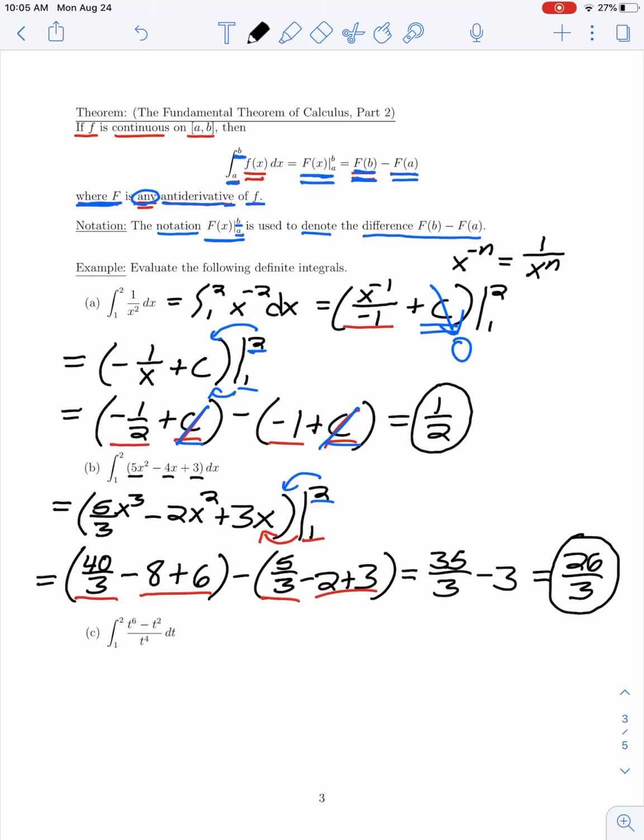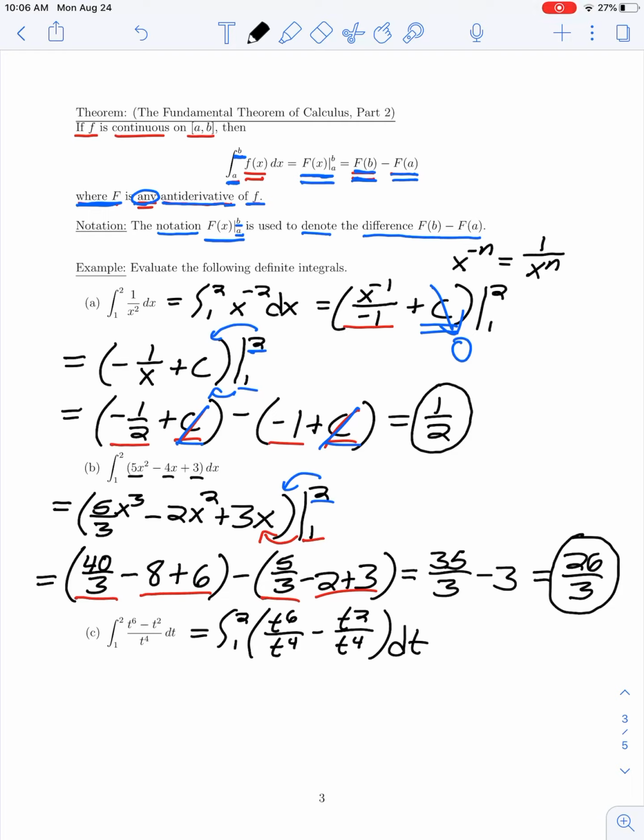So in this example, we could split this quotient into two pieces. Notice that our numerator is the difference of two functions. So we could split this as t to the sixth over t to the fourth, and then I'm subtracting t squared over t to the fourth.